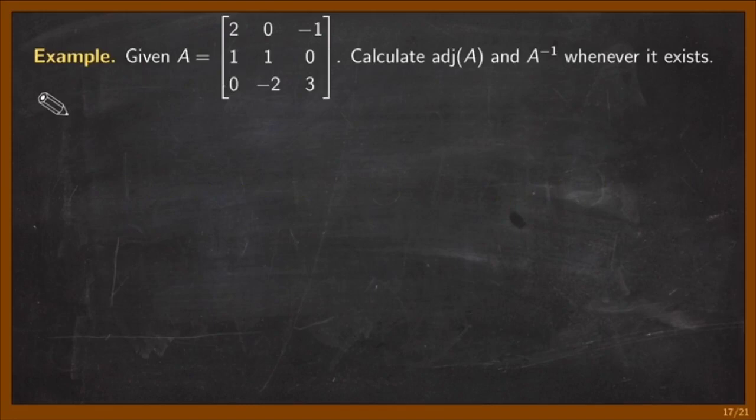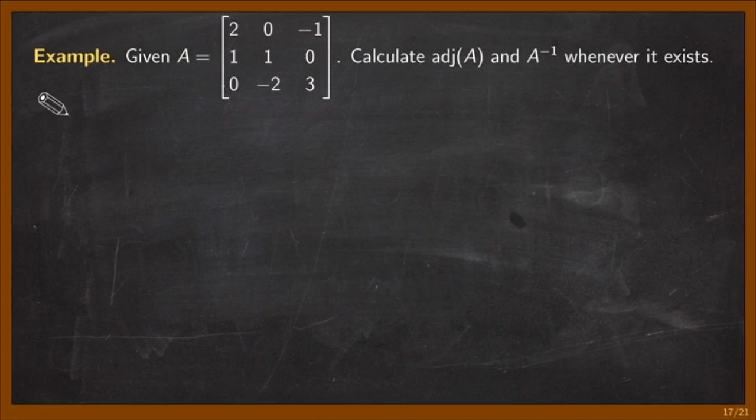For example, let's talk about this matrix. Let's calculate the adjugate of A. To calculate the adjugate of this matrix, we simply calculate the cofactors of each entry and then arrange them in a matrix relative to this position and then take the transpose.